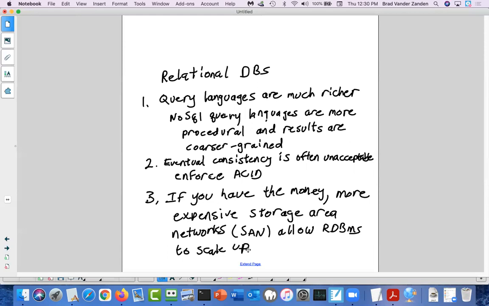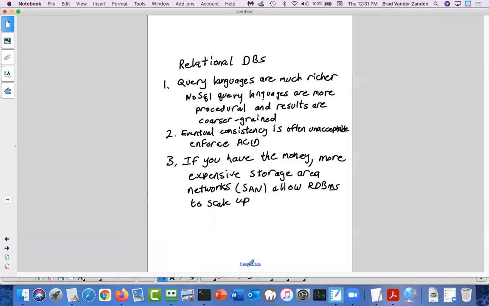These storage area networks are like big, huge shared memory file systems. And relational databases are fine with locking with shared memory. It's only when it's non-shared memory that relational databases run into issues with locking. So if you can afford to buy these expensive storage area networks, then relational database management systems do tend to scale up pretty well for big data.